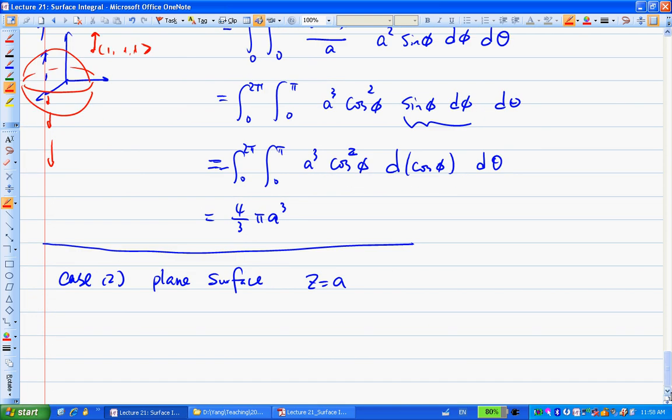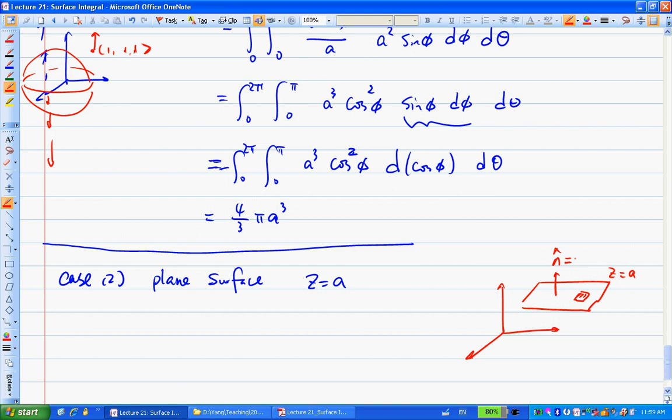Okay, so now let's look at this second case, the plane surface z equal to a. If I look at the unit vector to this surface, n hat, what will it be?